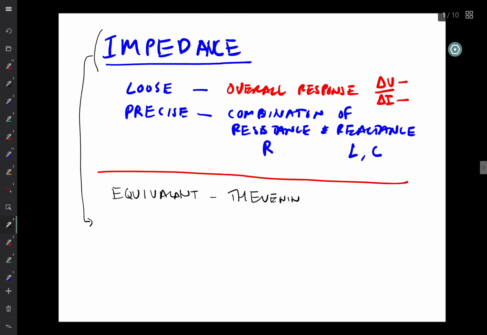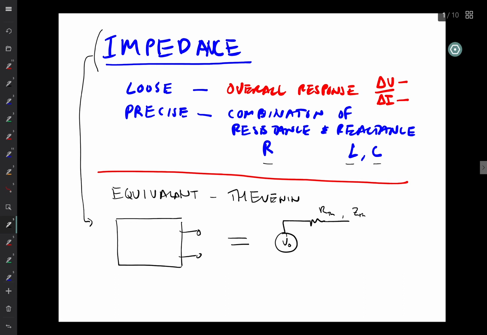So if I think of any circuit, usually what I want to know is what is its Thevenin equivalent, which means I want to know that if I'm given some circuit and it has some output, then I want to find its equivalent in terms of a model that has a voltage source, which I'll call V0 or V Thevenin, and some internal impedance, which I'm going to call a resistance, R Thevenin, but it could also be a more complex object called Z Thevenin, which has both reactance as well as resistance associated with it.